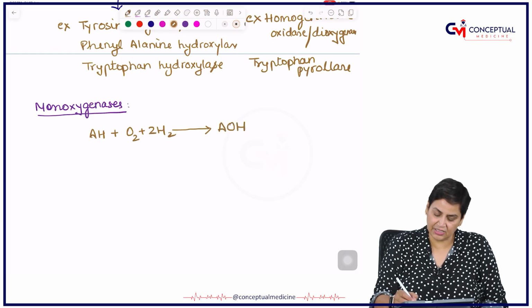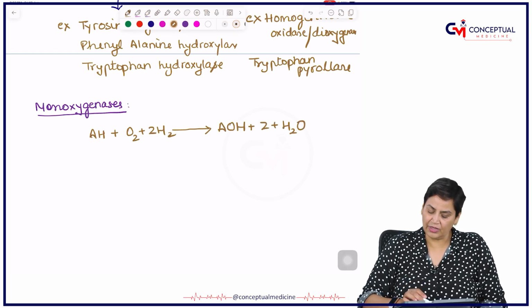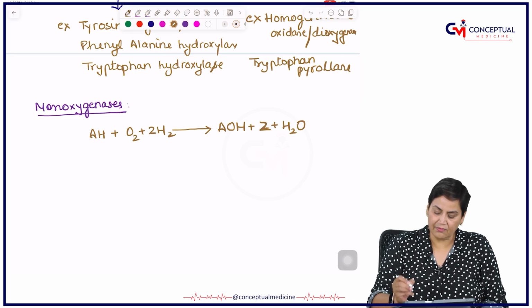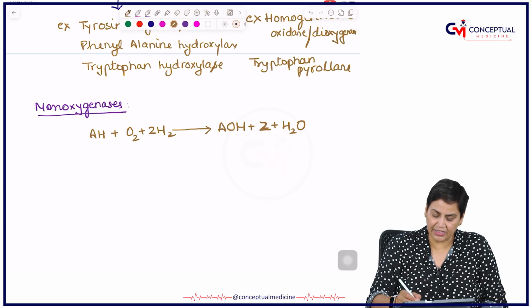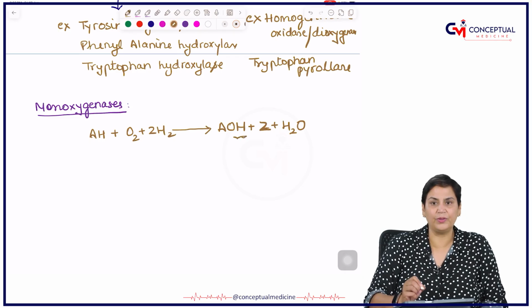Hydroxyl group is attached. Plus Z will be given out and water will also be given out. So we can just count the valency also, right? So this is monooxygenases, or addition of hydroxyl group here.